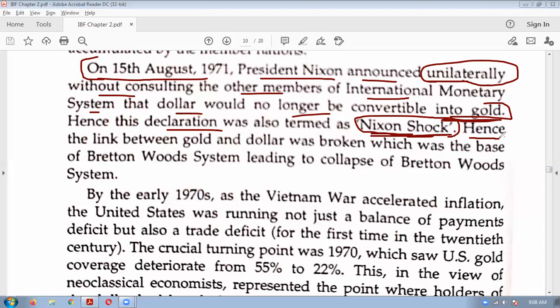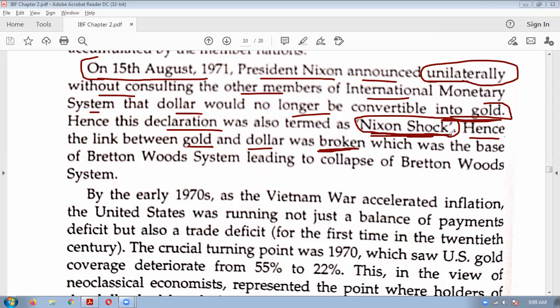Because of this declaration, the link between gold and dollar was broken. The US president himself announced that from now onwards they would not convert dollars into gold. This declaration became a shock for all the countries, and it was known as the Nixon shock.